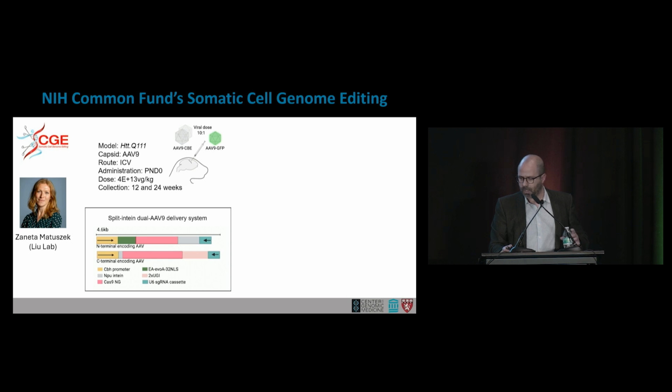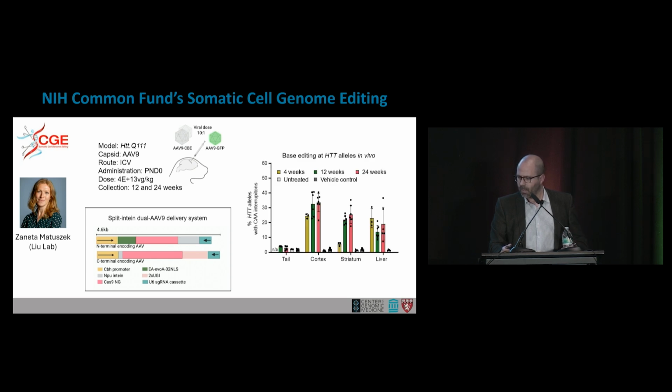This is also done in the QN11 mice. Here we're showing the degree of editing. Not super high, but around 30, 40%. That's the maximum we can achieve in the cortex at 24 weeks. Slightly lower in the striatum, but somewhere between 20 and 30%.